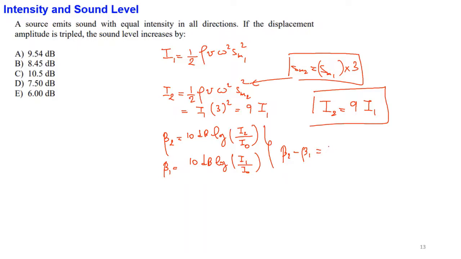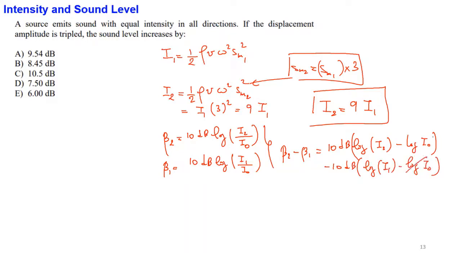So let's calculate beta 2 minus beta 1. You know the properties of the log, right? So it will be 10 dB log of I2 minus, of course, log of I0. And also here you will have minus 10 decibel log of I1 minus log of I0. You see that the I0 will simplify.